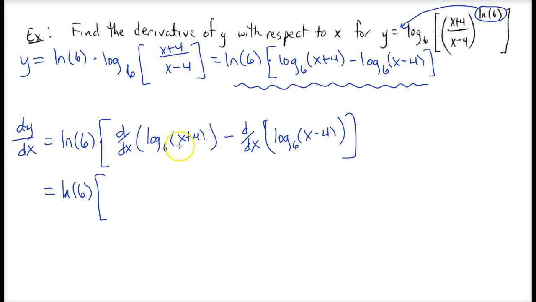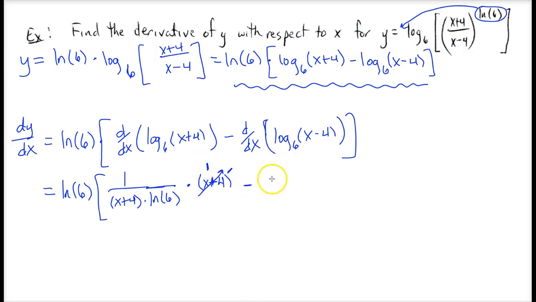So when we take the derivative of log base 6 of blah, that's just 1 over blah, which is just x plus 4 times natural log of 6 times the derivative of the inside function, and of course the derivative of x plus 4 itself would just be 1.